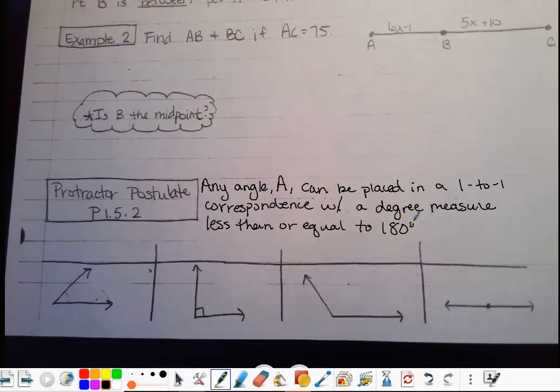All this is saying is that you can measure every angle with a protractor. It's why it's the protractor postulate.